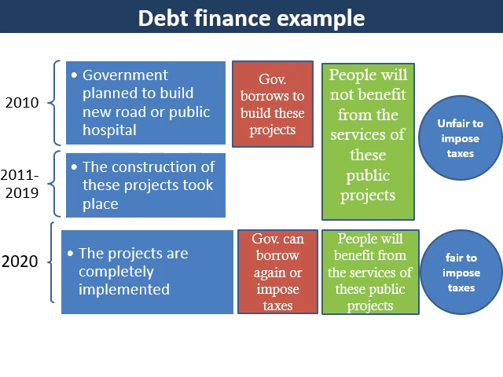Because people who live after the construction of these projects can enjoy the services of these roads, hospitals, and schools. So if the government collects more taxes from them by increasing the tax rate or by expanding the tax base, this will be fair. So as we can see, by using debt finance, the government can delay the tax burden to future generations who will benefit from such public projects.